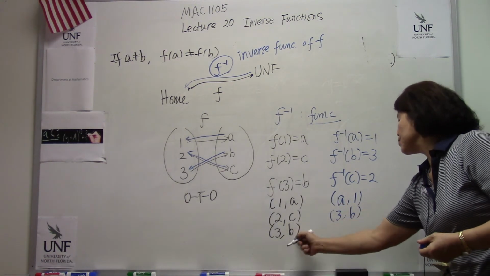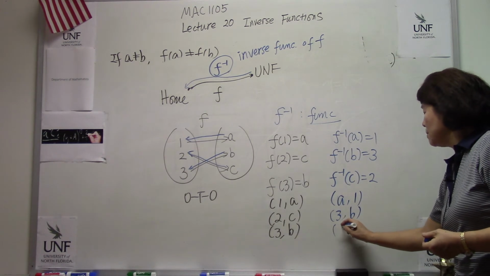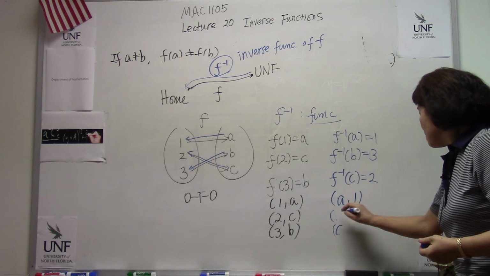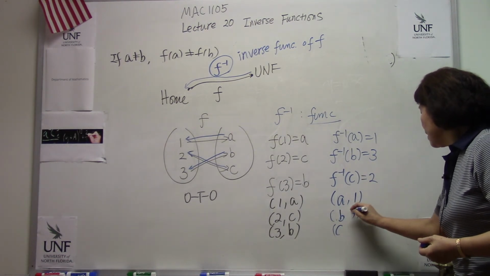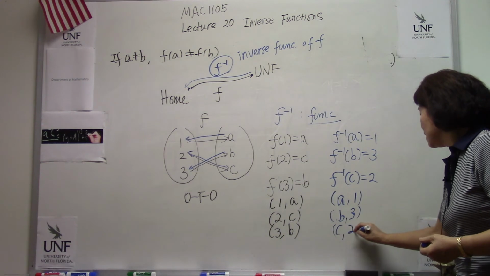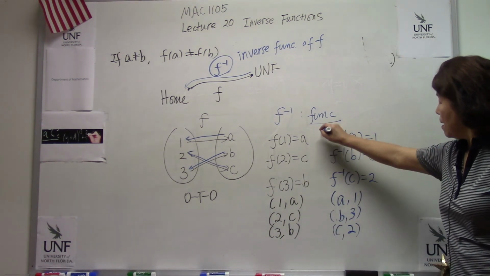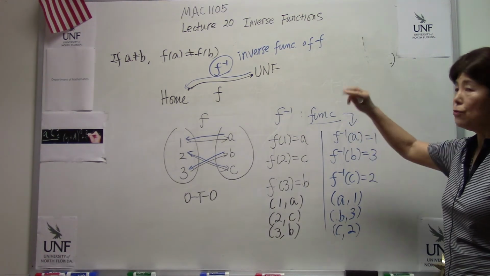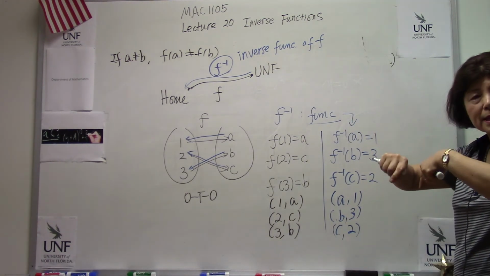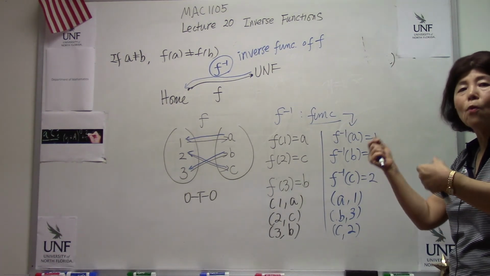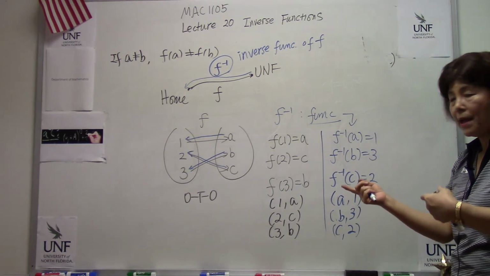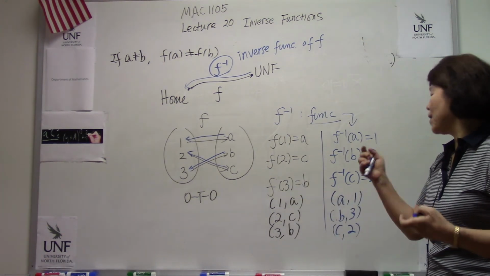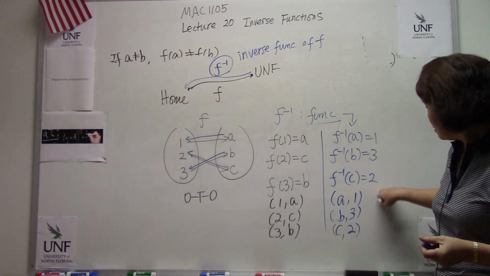You see, I just swapped x and y, input and output. So it's a very simple function. Inverse function means simply you swap x value and y value, or you may say input and output. When you look at the coordinates, you switch the x coordinate and the y coordinate.